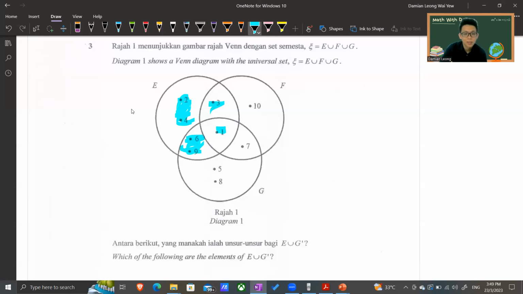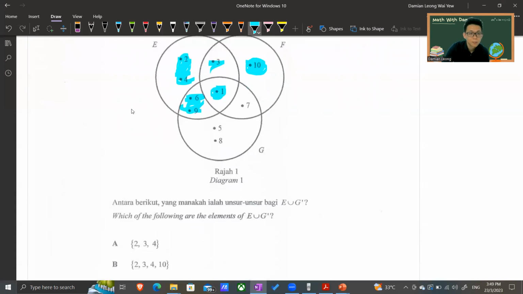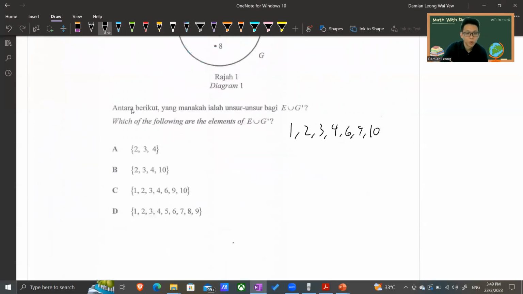So union is just adding on. So adding on everything outside of G means I include this as well. So which means my elements 1, 2, 3, 4, 6, 9, and 10. 1, 2, 3, 4, 6, 9, 10. Answer C.